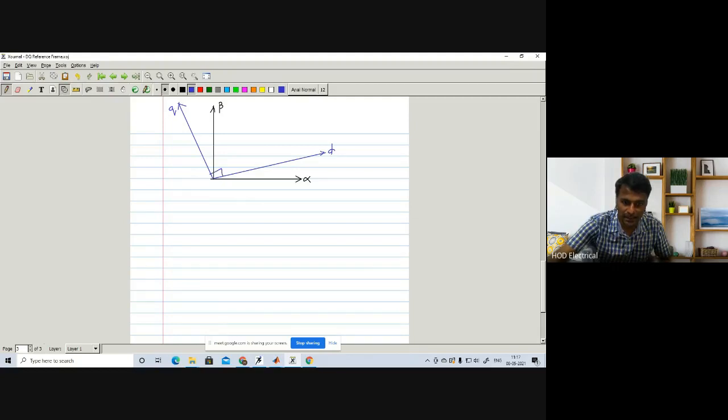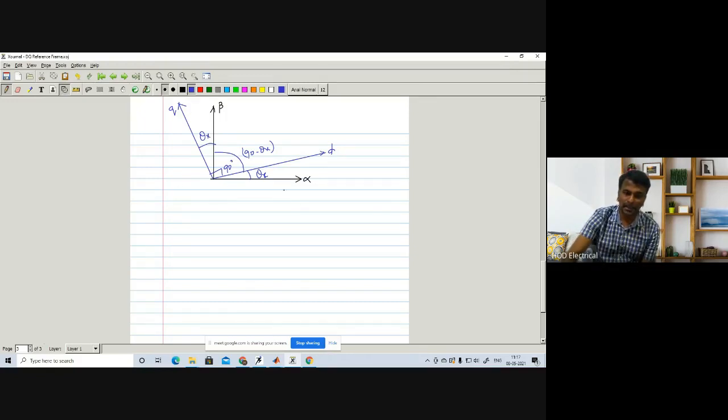Then this angle will be 90 degrees. We have taken this angle as theta x. Then this angle will be 90 minus theta x. Then this is also theta x. So we transfer all the alpha beta variables to D variables, all these quantities in this D axis, and accordingly we have used this theta x and the conversion.